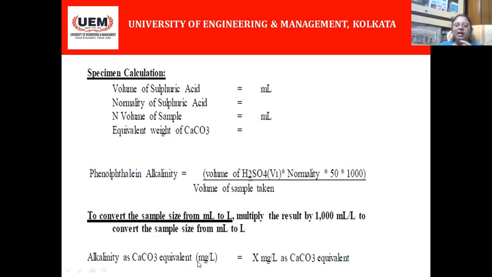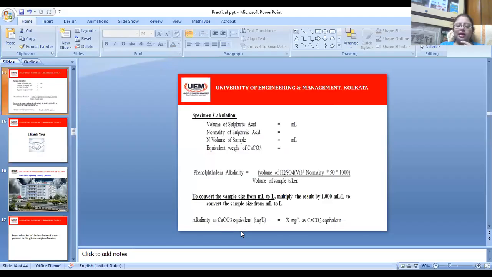So the alkalinity as calcium carbonate equivalent you are getting as x mg per liter, or ppm as calcium carbonate equivalent. In the same way, you can measure the methyl orange alkalinity also. Now I am showing you how you will do the practical.